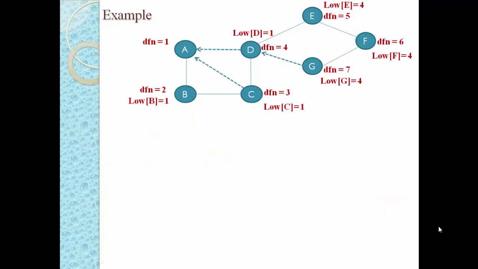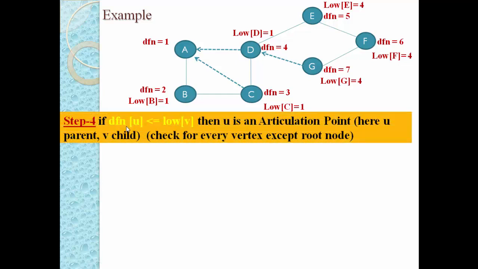So for this DFS tree, we have identified the DFN number of each and every vertex and low of each and every vertex except our root node. So now let us follow our last step, that is we have one condition: DFN of U less than or equal to low of V, then U is the articulation point.